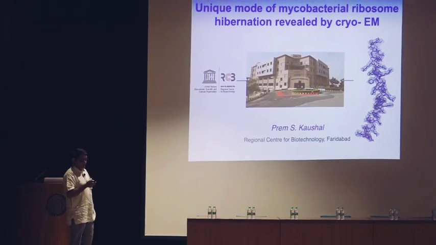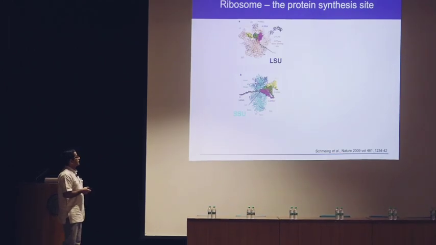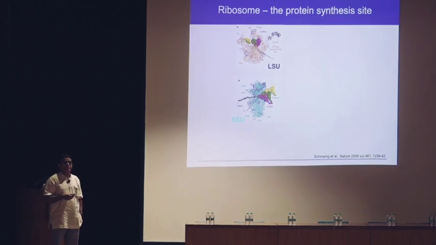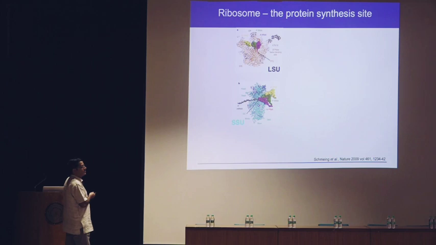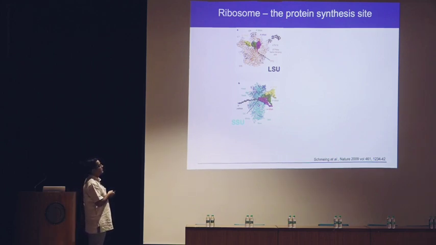Ribosome, as all of us know, is the protein synthesis machinery. It has 2 subunits. The small subunit is the decoding center, where the A, P, and E site tRNAs bind and codon-anticodon interaction takes place.